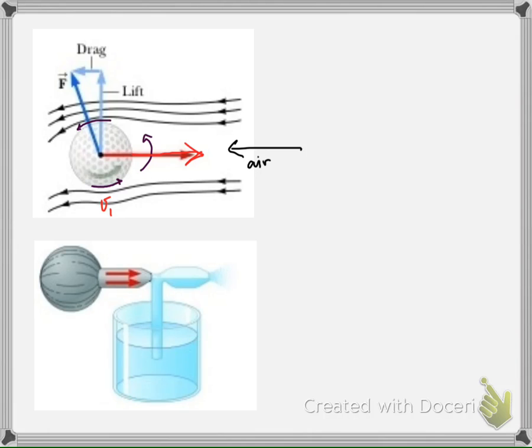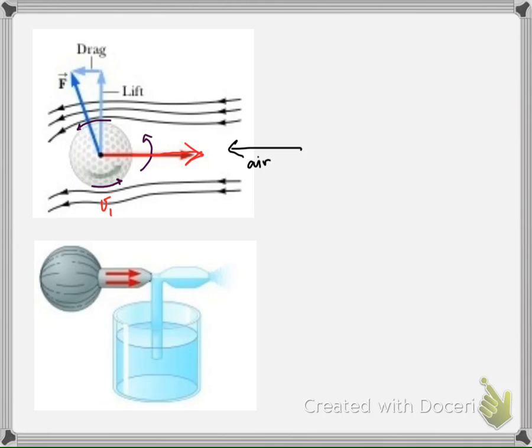But if we look at the top surface here, the direction of the motion of the surface is the same as the direction of the line of flow.